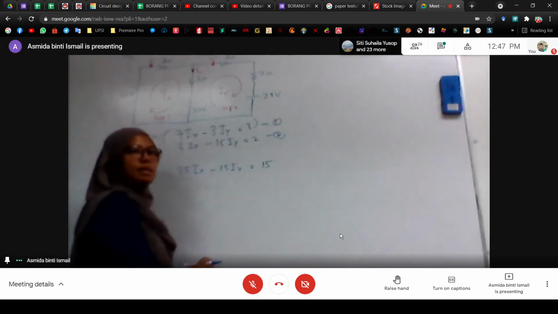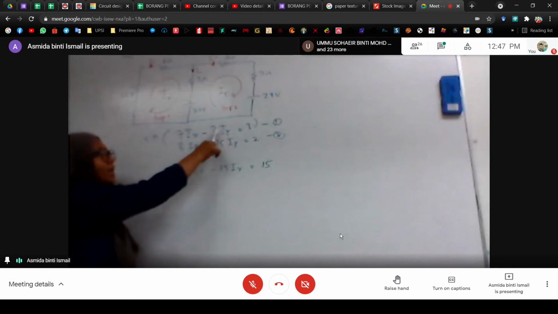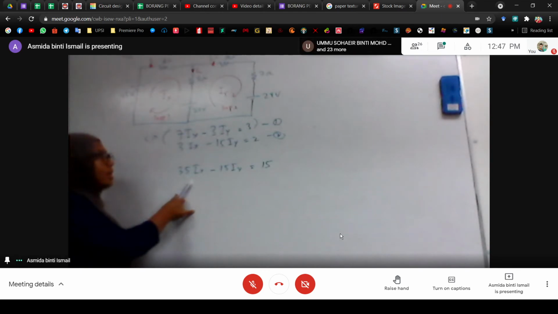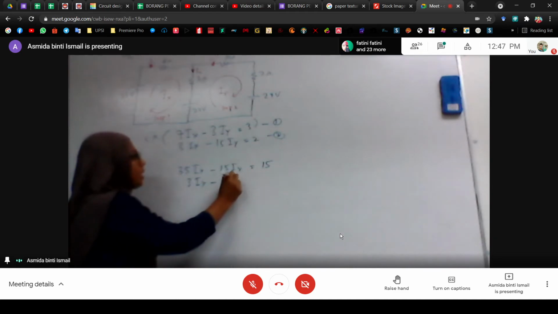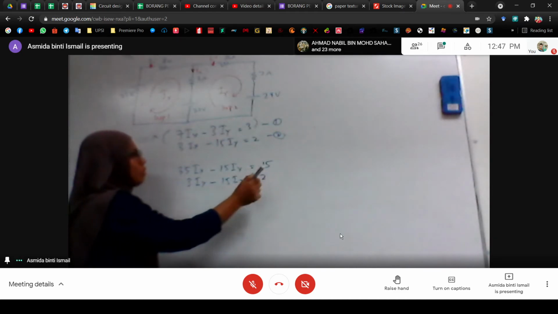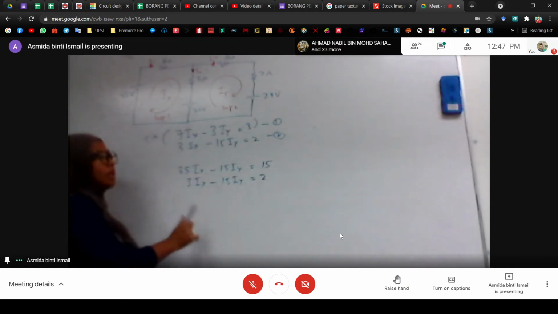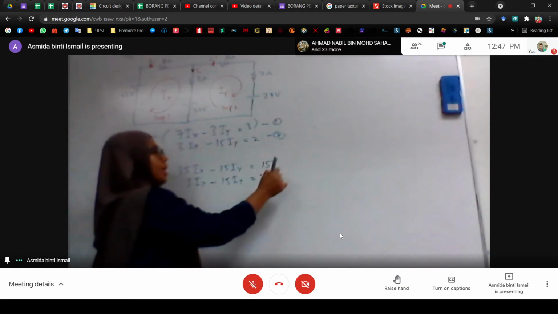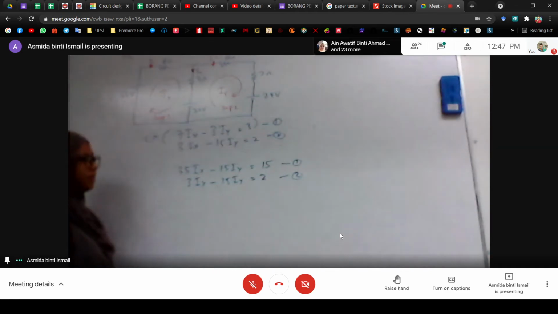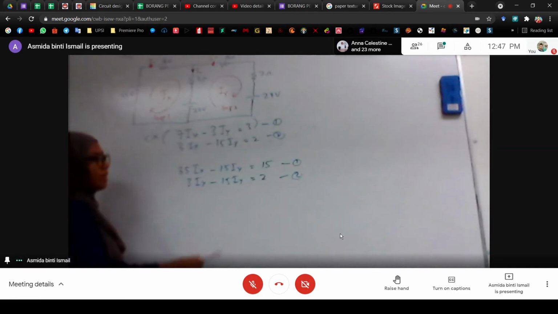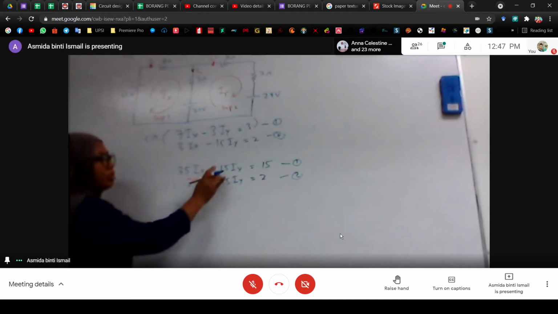So equation 1 becomes this. So 3 Ix minus 15 I1 is equation 2. This is from 1 and this is 1 actually.